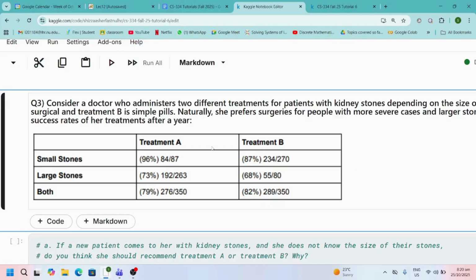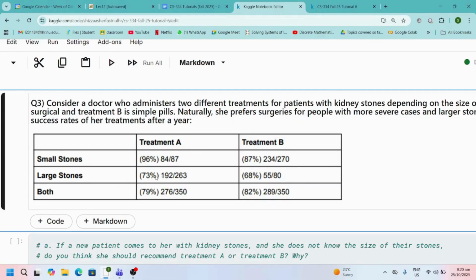So, what I observe over here is that individually, treatment A performs better than treatment B on small stones. On small stones, treatment A's success rate is 96%, and treatment B's success rate is 87%. Similarly, treatment A outperforms treatment B for large stones as well.